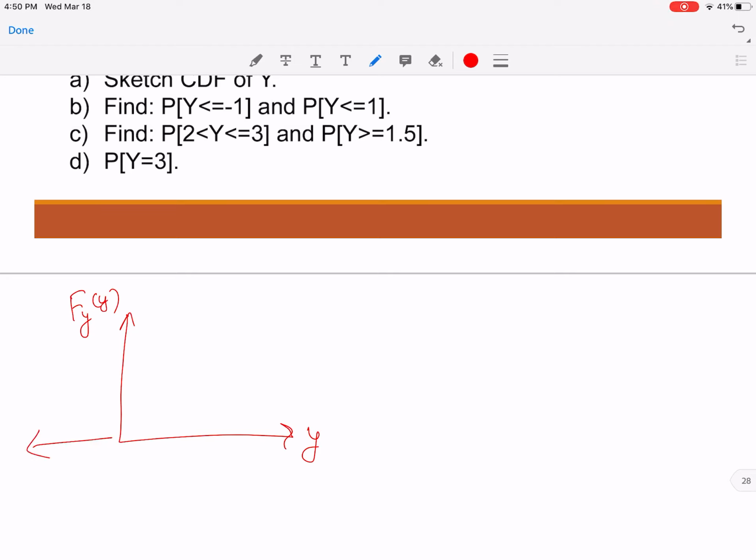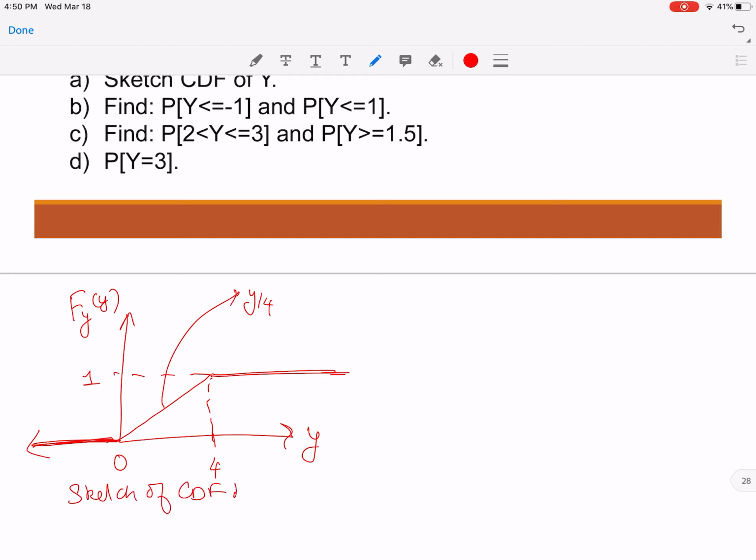Now, the CDF is 0 for y less than 0, and between 0 to 4, this assumes a straight line. Specifically, it's a straight line y over 4, and then after 4, this is a constant at 1. So that's the sketch of the CDF of y.